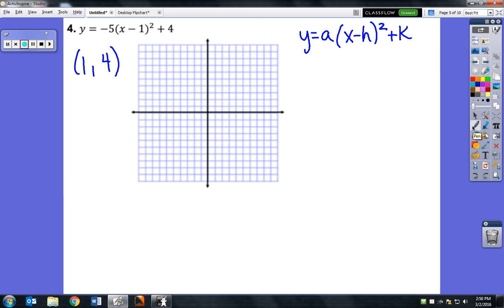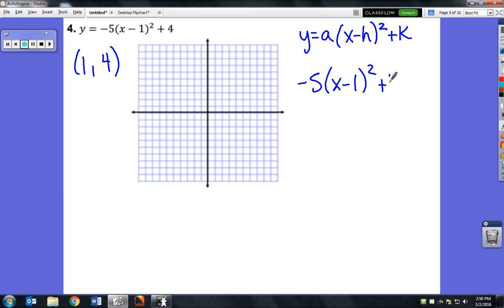So I have negative 5 times (x minus 1) squared plus 4, and I'm going to replace the x with a 0. So we have to remember our order of operations. We have to start with what's inside the parentheses first. 0 minus 1 is negative 1, squared, plus 4.